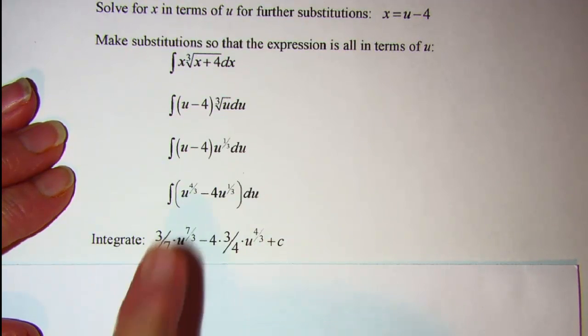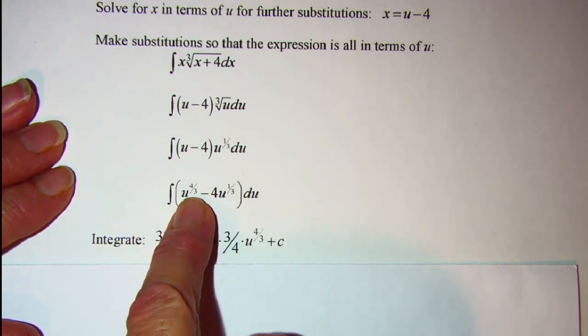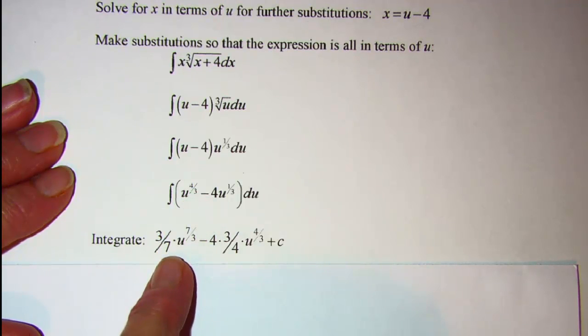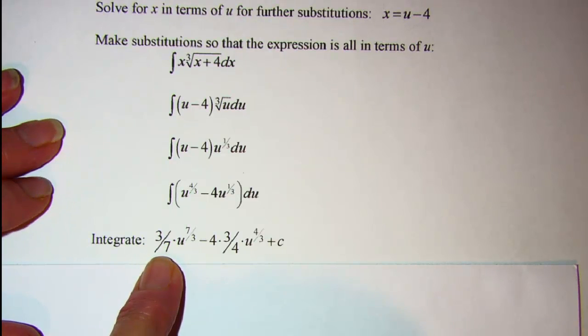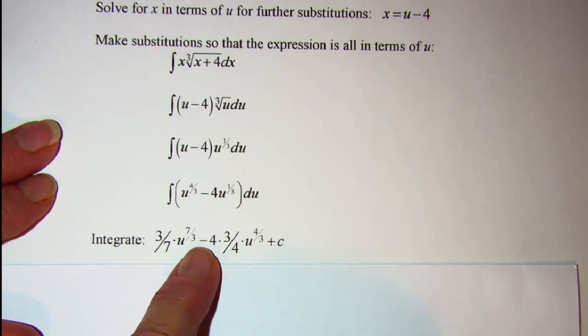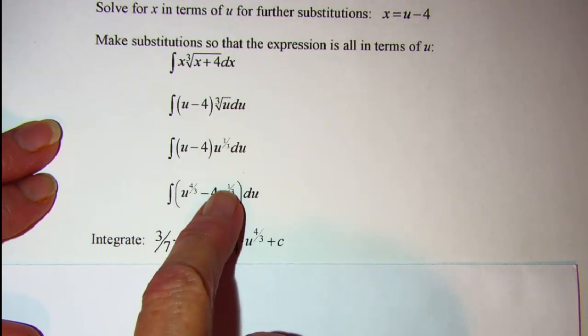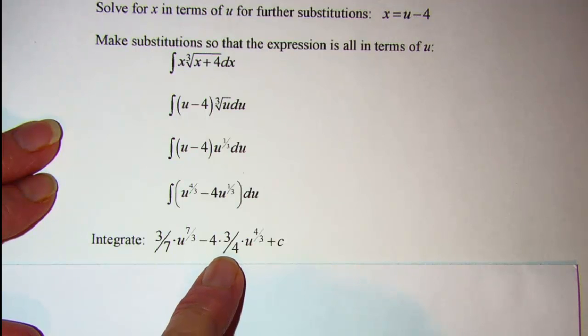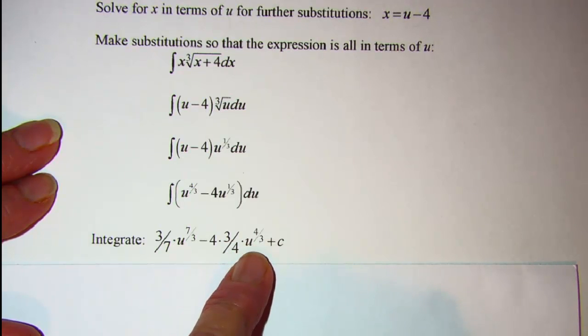And when I increase my exponent by 1, I have u to the 7/3. So dividing by 7/3 is the same as multiplying by 3/7. So I have 3/7 u to the 7/3 minus, and then my 4 times the integral here is u to the 4/3 divided by 4/3, which is the same as 3/4 multiplied by u to the 4/3, and then plus a constant.